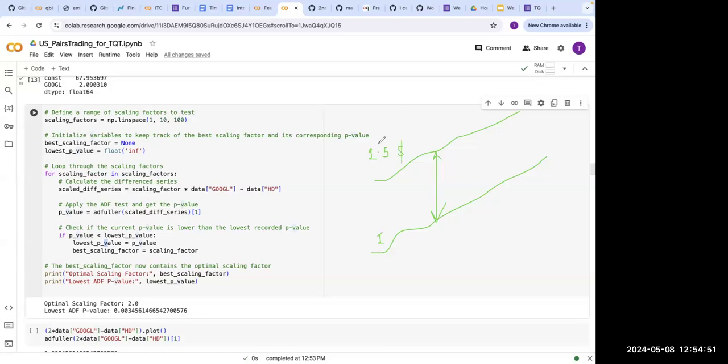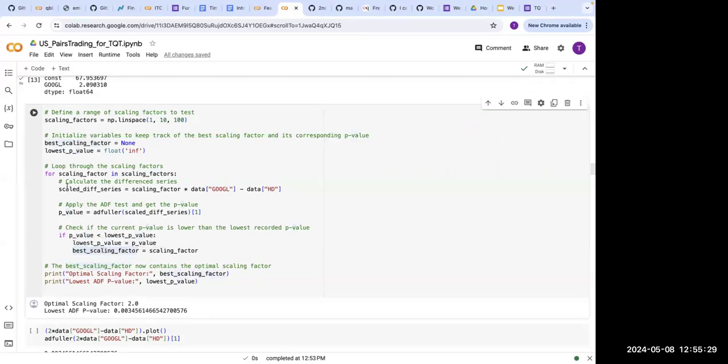Then we are saying that this is the scaling factor that, if we use it, we can predict the spread in the stock. So this other stock is probably looking like something like this, right? The spread is essentially increasing, but it's increasing at a known rate, like a 1.5 slope. So we want to calculate that for Google and Home Depot. What's the scaling factor? When you run this code, you'll get that scaling factor as 2.